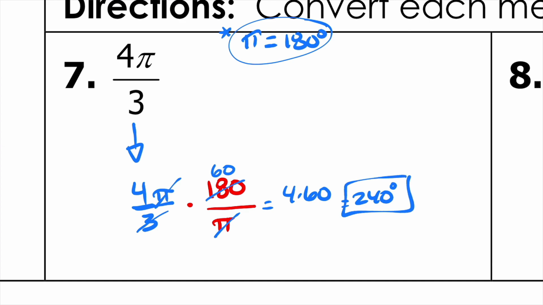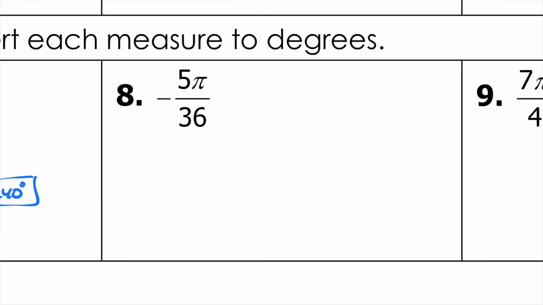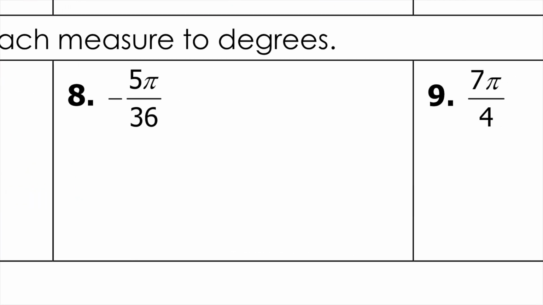Again, let's try the next one. Now we have a negative radian, so that's fine. So we have negative 5 pi over 36. What's the formula? The formula says to multiply by 180 and divide by pi. The pi's cancel out, and so I can just multiply 180 times 5 and then divide it by 36.